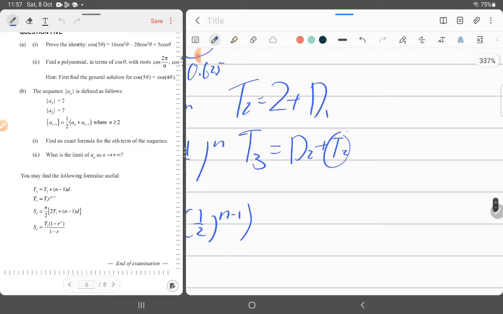But this first term we can just put back in here, so term 3 is equal to difference in the second plus difference in the first term plus 2.